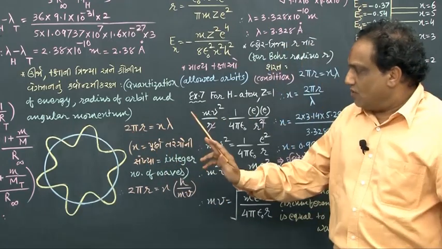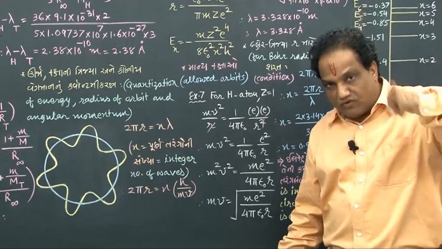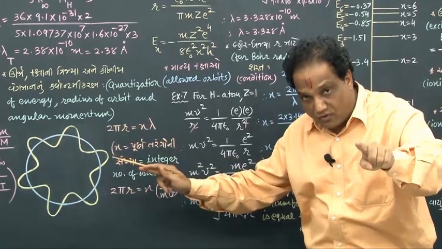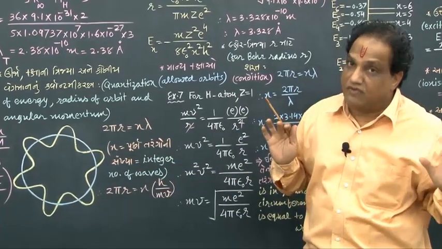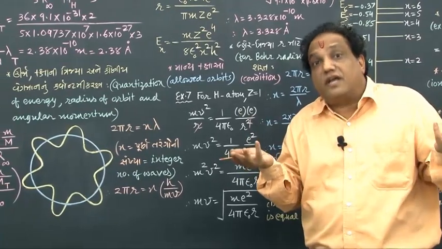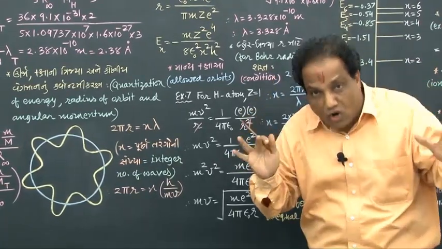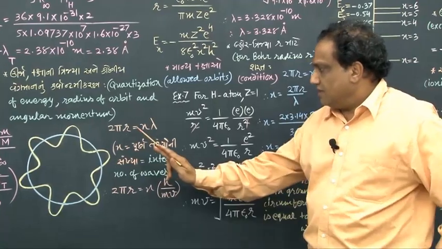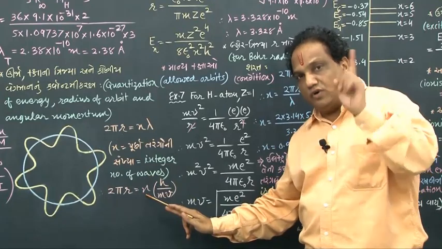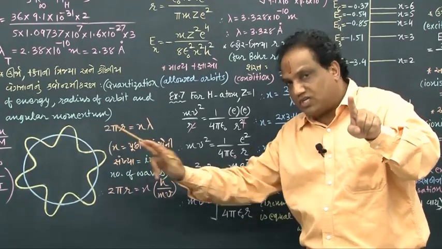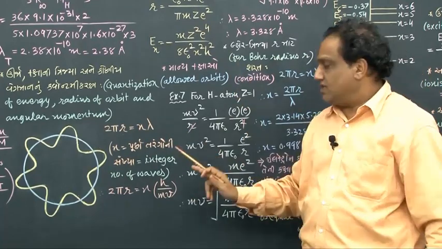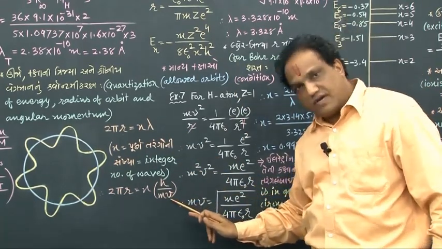Fine. Now, if the orbital motion of electron is represented by such a stationary closed wave having n number of integer waves, each having wavelength lambda, then let us see whether we can get quantization of angular momentum or not. I am showing you. This 2 pi r as it is, and as it is, according to de Broglie, this orbiting electron behaves like a wave having wavelength lambda equals h upon mv, correct?